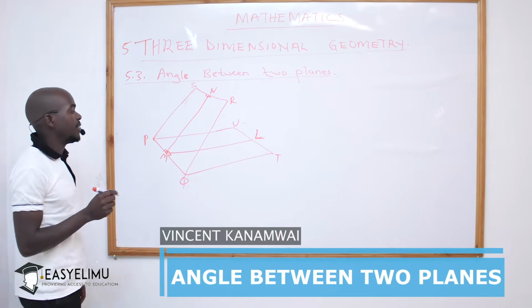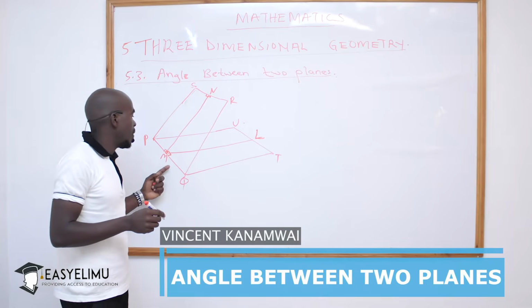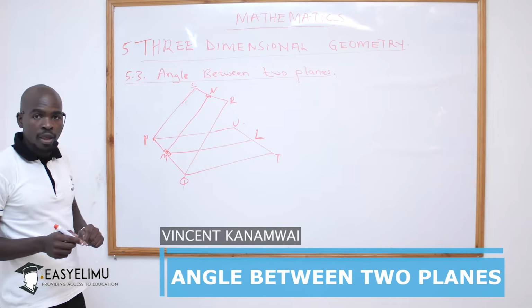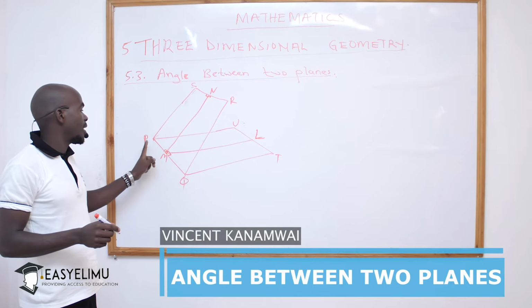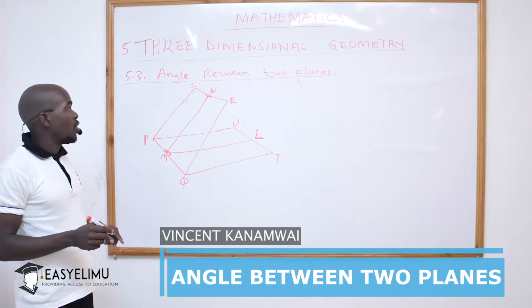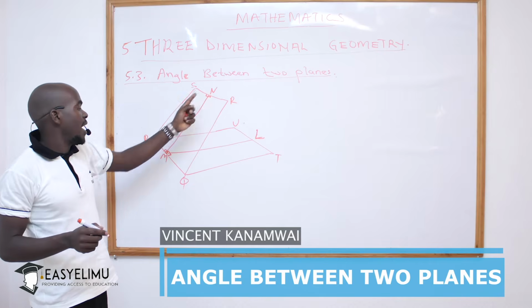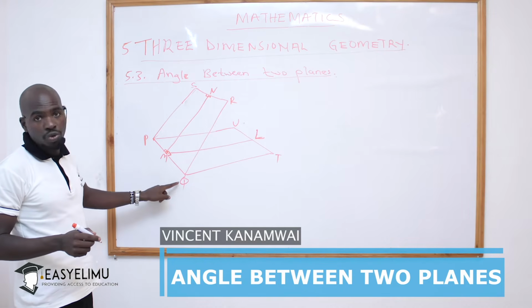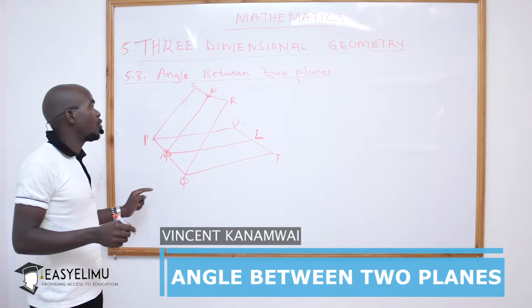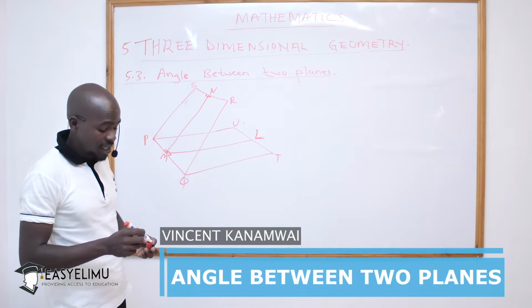So the line LM cuts PQ at M, where it intersects with the line NM on the same line PQ. So they intersect where the planes also intersect.